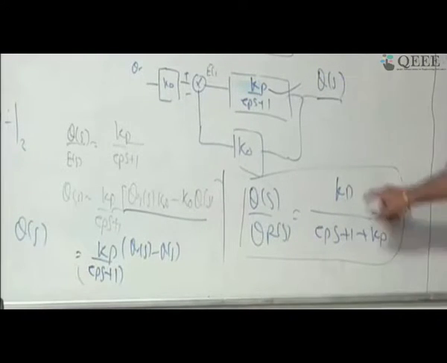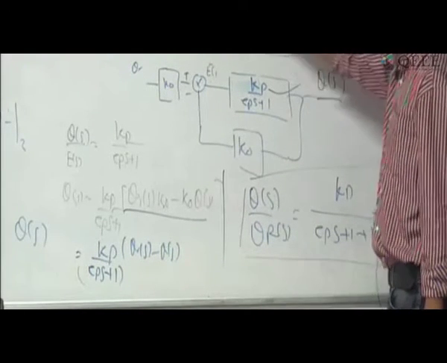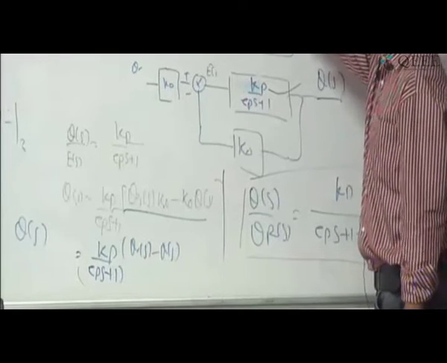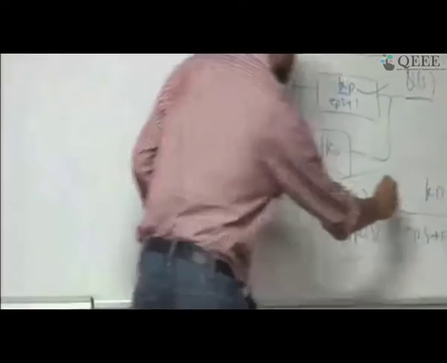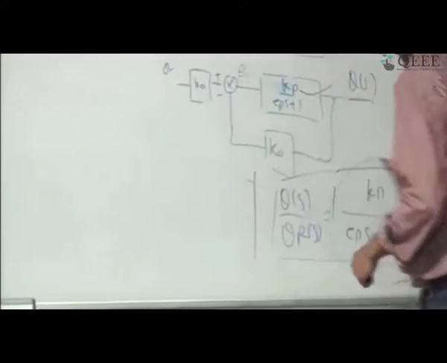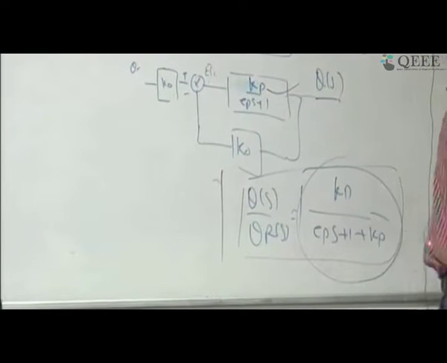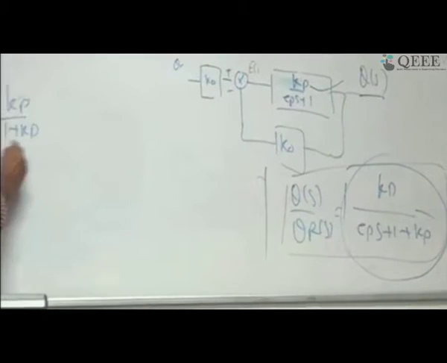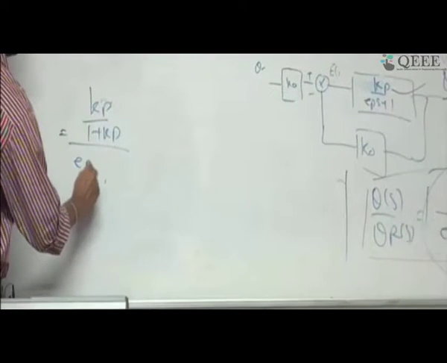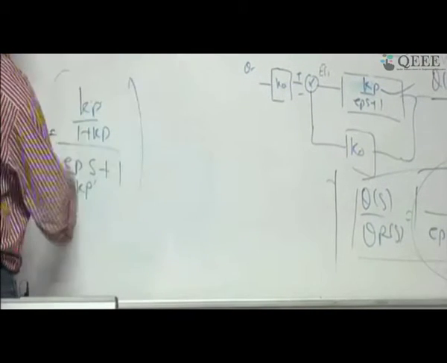Now I want to understand, because I have put in a proportional controller, and there is a constant K, if I change it, how is it going to behave? This is what we have got. Look, by adding a proportional constant, the order of the system has not changed. This is still a first order system, so I can write it as Kp divided by 1 plus Kp, times 1 over tau p divided by 1 plus Kp, s plus 1.